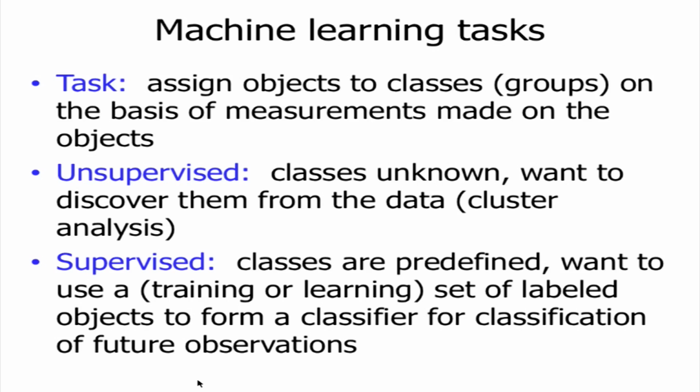In other words, the clusters will become the classes. And as I said, in the supervised situation, the classes are known. There's an outcome. And so then what you want to do is train a prediction method in order to arrive at predictions on new data and on future observations.